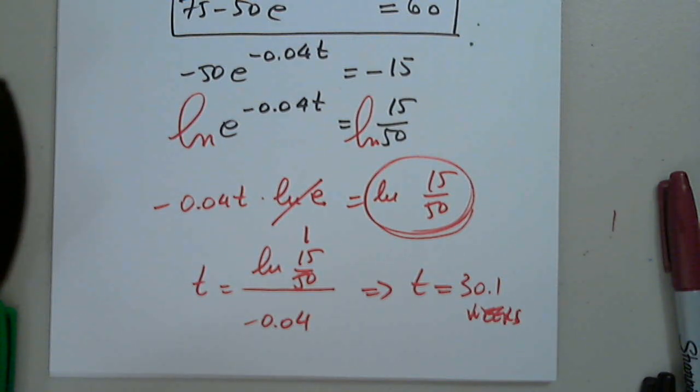I will get close to 60, either above or below, but I will not get 60. But I made the calculator use the entire answer. In other words, I made the calculator take this answer, not this answer. That's why I got exactly 60. Any questions?